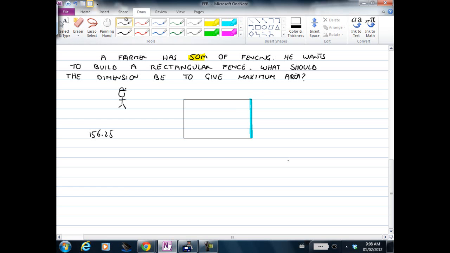So let's just call it x, because I don't know what it is. If this side is x, what do you call this side? It has to be x also, because in a rectangle, opposite sides have to be the same. So let's label this side as x. Okay, so far so good? I didn't do anything hard yet.